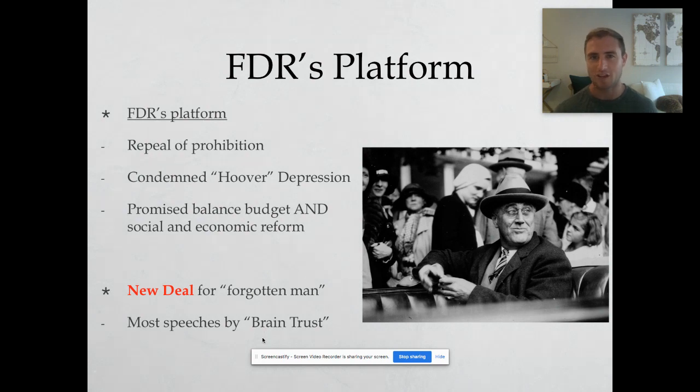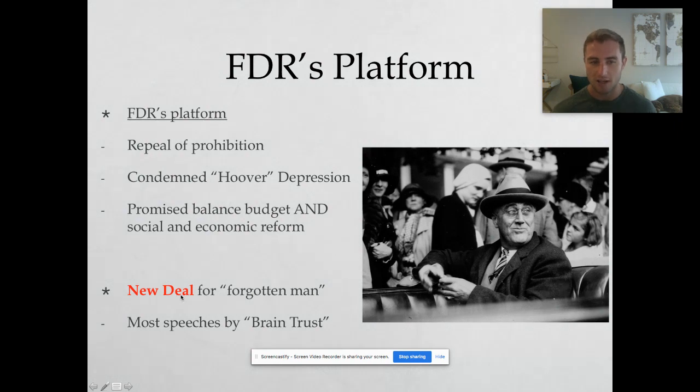One of the funny things of his platform initially in 1932, of course he's elected 4 times, but in this initial platform, is promising to balance the budget and social and economic reform. The balanced budget now is very laughable, considering that up until this point, no president spends like President FDR. The New Deal for the Forgotten Man is his promise.